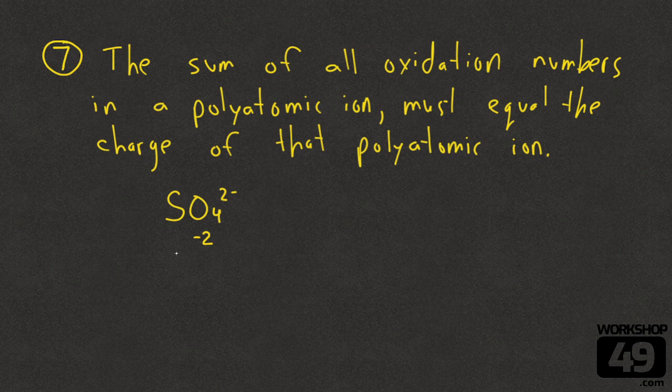There's a little bit of algebra here, because with 4 -2s, it's -8. The sulfur plus the -8 has to equal -2. The only number the sulfur could be is +6, because 6 plus -8 equals -2, which means the oxidation number of this sulfur is +6. And this was a rundown of the rules for assigning oxidation numbers.